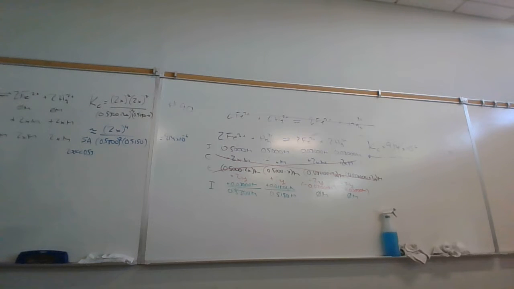So 0.53 squared, times 0.515, times 9.14 times 10 to the minus 6, divided by 2 to the 4th power. So 2 times 2 is 4, times 2 is 8, times 2 is 16. So divided by 16. And then I'm going to take the 4th root of that, so I'll just square root it twice.